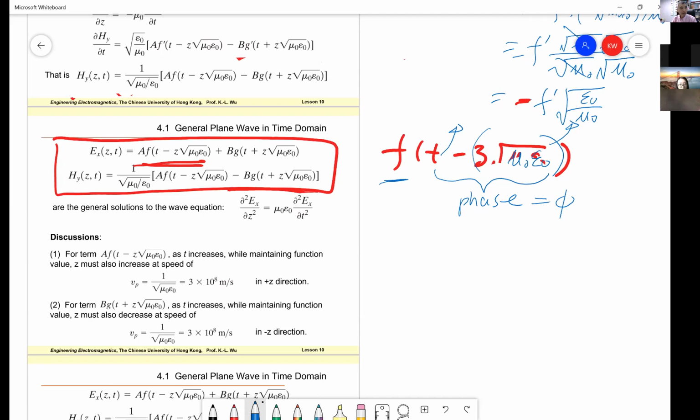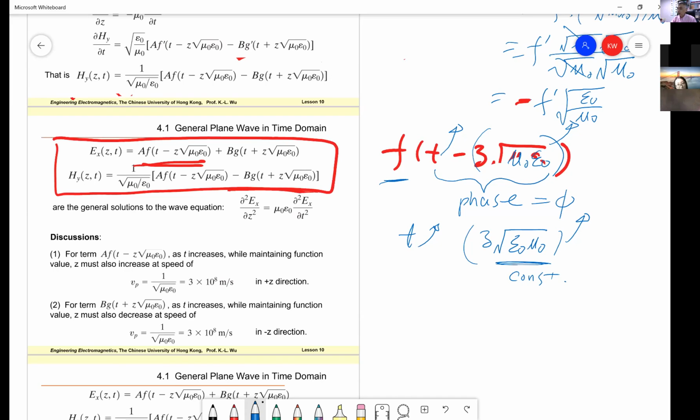When t increases, this also should increase, but this is constant.